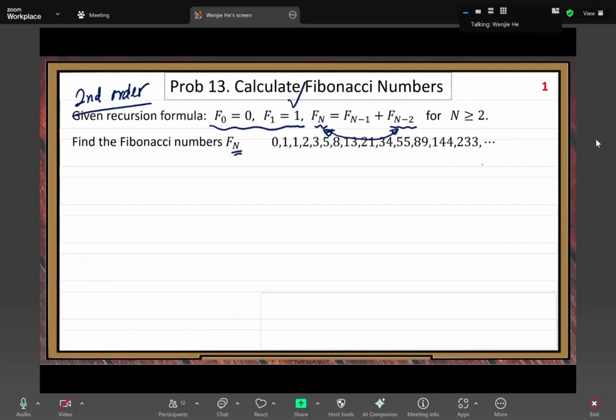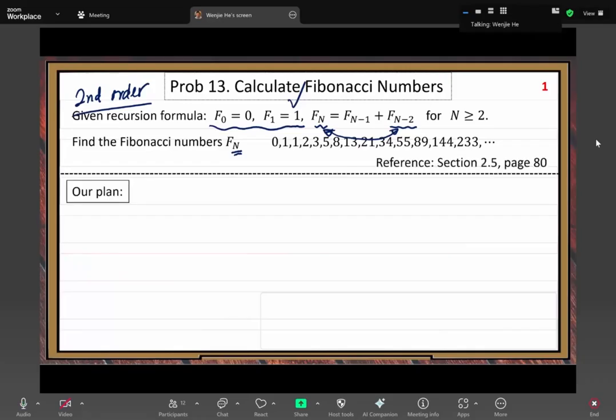Here you can see the first few Fibonacci numbers. So the next question is how we calculate it. We need to make a plan. There are many ways to calculate.